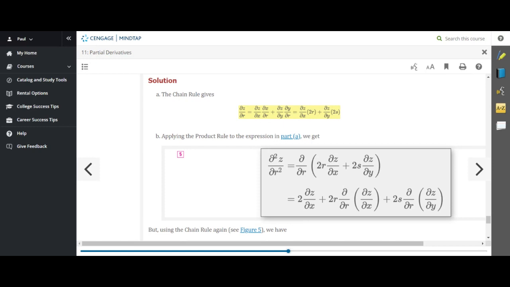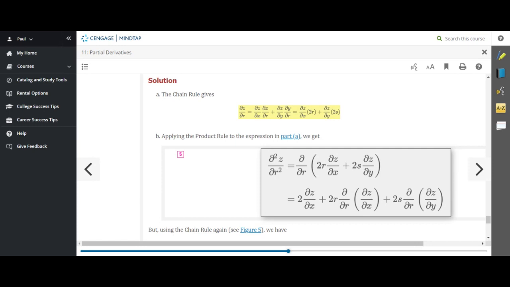Then for the last entry in the highlighted box, you take the partial derivative of 2s with respect to r, that's 0. That's why there's no term there for that. And then the last part of the product rule is 2s times the partial derivative of that partial derivative with respect to r.